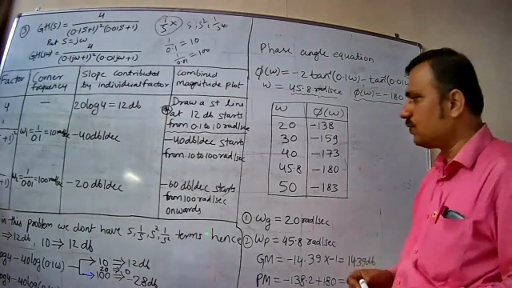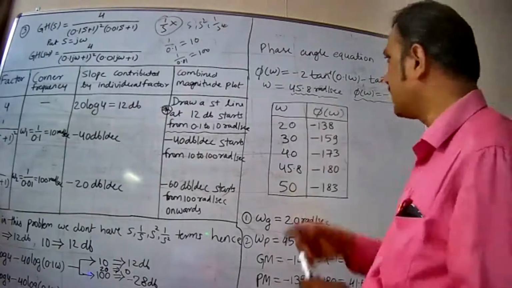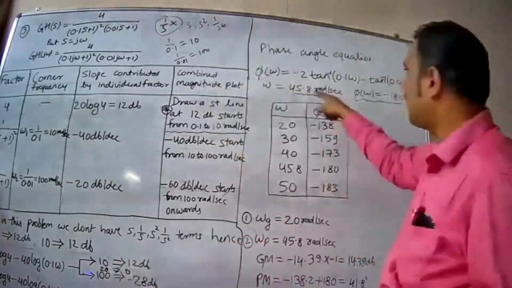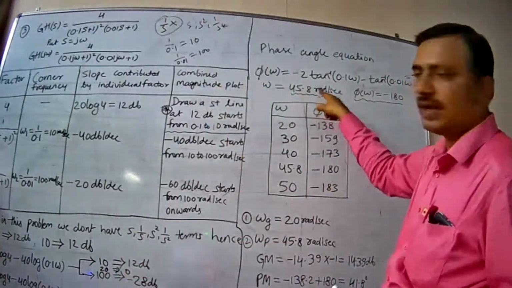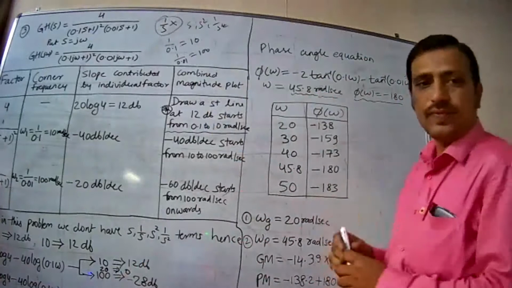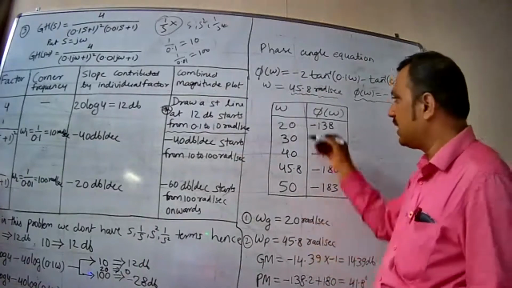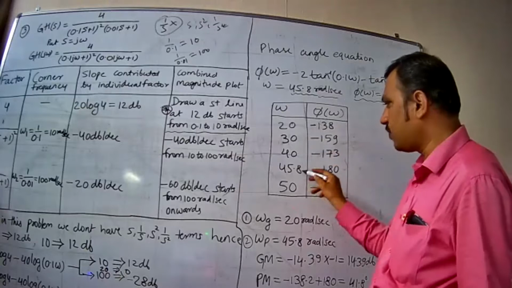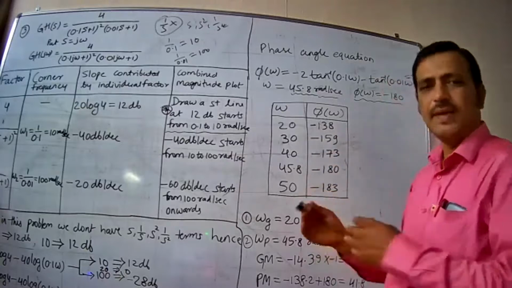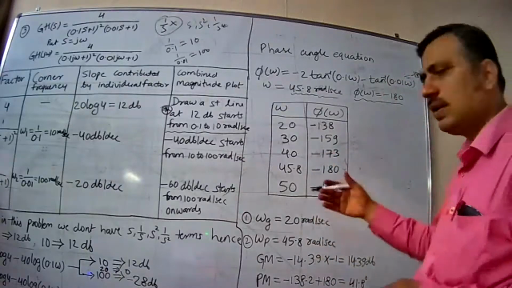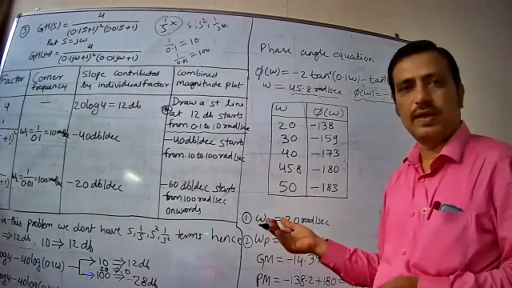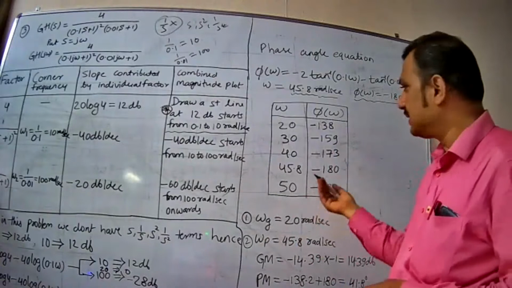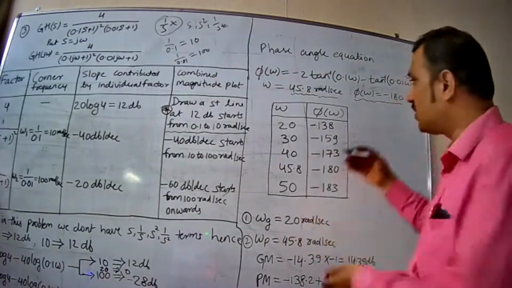After getting these two values, we have to go for the tabular column. One value is 20 and another value is 45.8. In between these two, we have to take some values. Hence I have directly taken 20, 30, 40, 45.8, 50. If you solve more problems, then you come to know how many values we have to take, whether only 5 to 6 or 10 to 12.